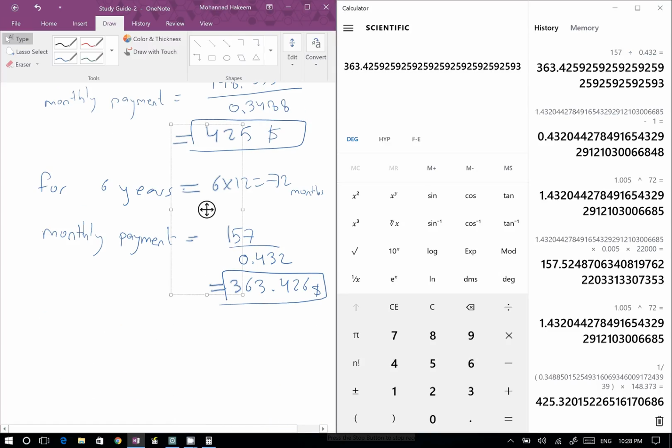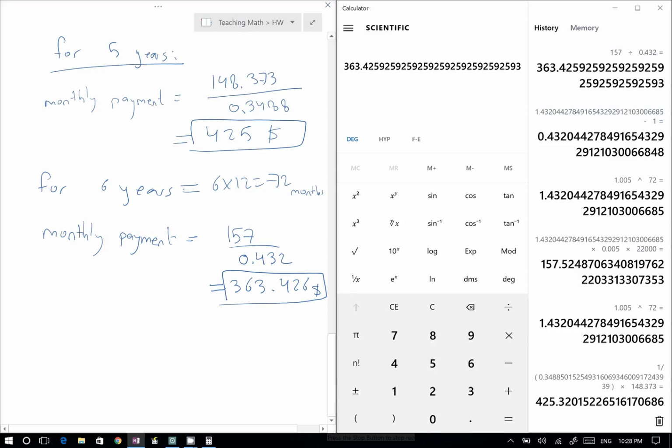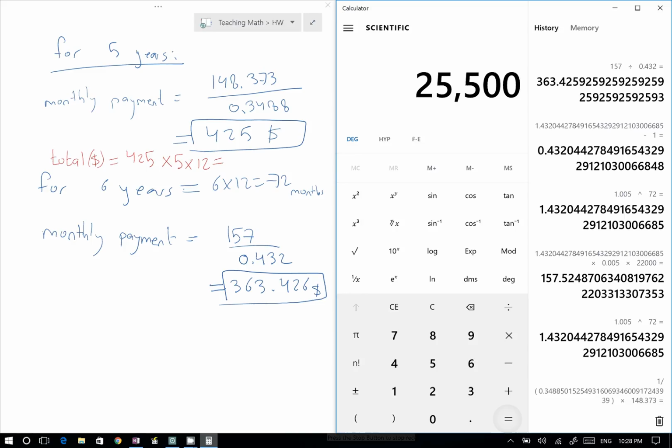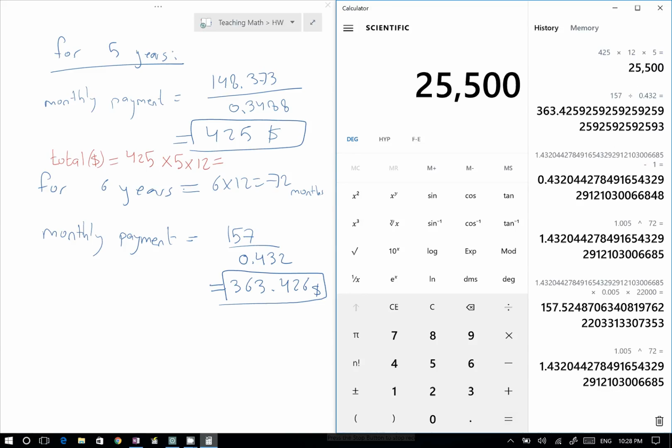Okay, so total payment is equal to 425 per month multiplied by 5 years by 12 months, that's 60. So 425 multiplied by 12 multiplied by 5, that's $25,500.